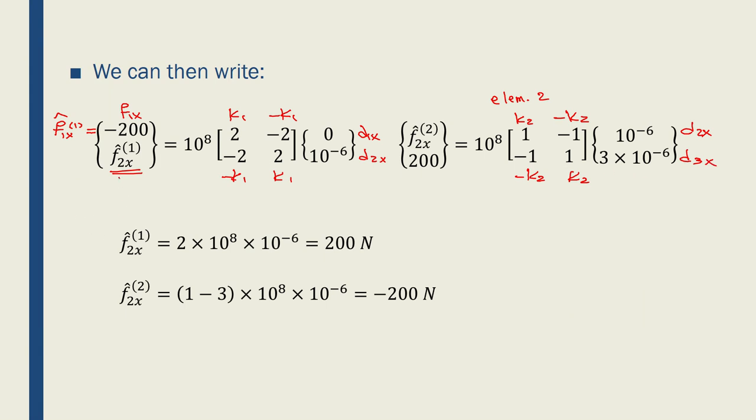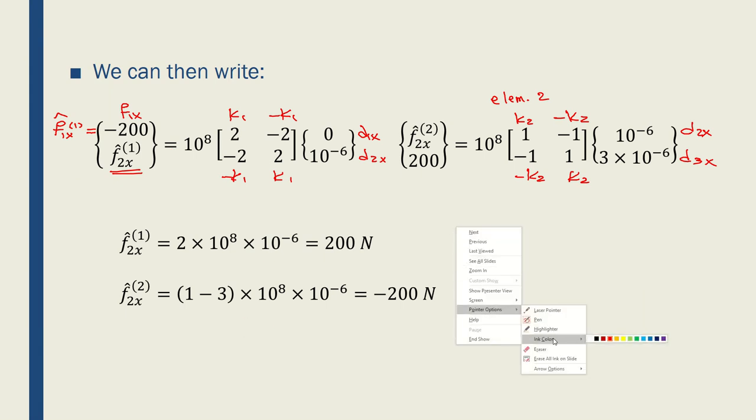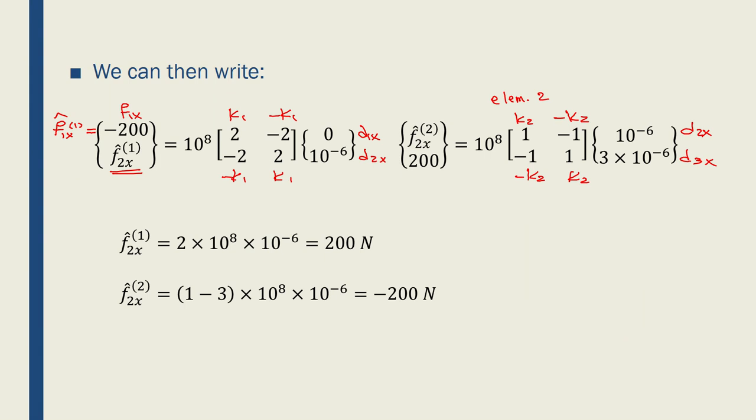Now if I solve from this equation, let me change the color. So for F2x1, I would have to multiply this row by this vector, would be 2 times 10 to the 8 times 10 to the minus 6, because this one is 0, would be 200 newtons.